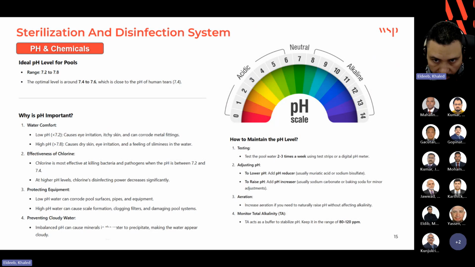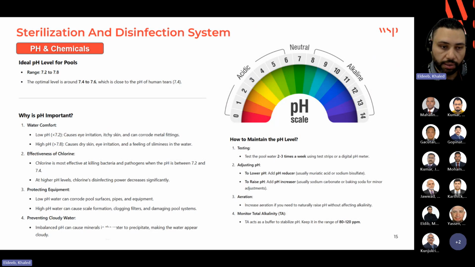So maintaining the pH level in the swimming pool is crucial for water quality. The ideal pH range for a swimming pool is 7.2 to 7.8, and if we make it 7.4 to 7.6, it will be much better. And there are different ways to maintain the correct pH levels, as we discussed before.